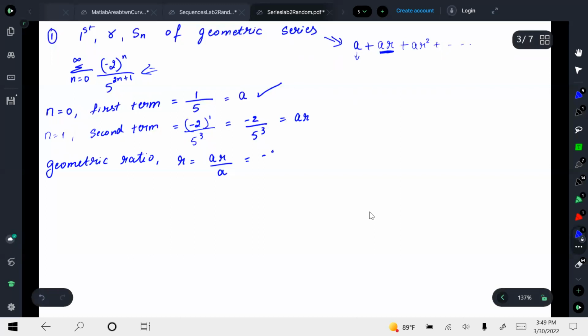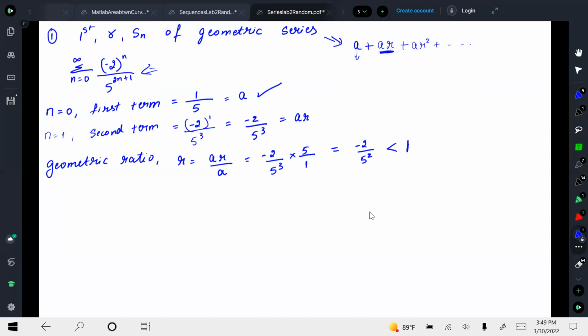So you get negative 2 by 5 cube multiplied by 5, and you get negative 2 by 5 squared. How can you check whether it is correct or not? In a geometric series, the geometric ratio will always be less than 1.